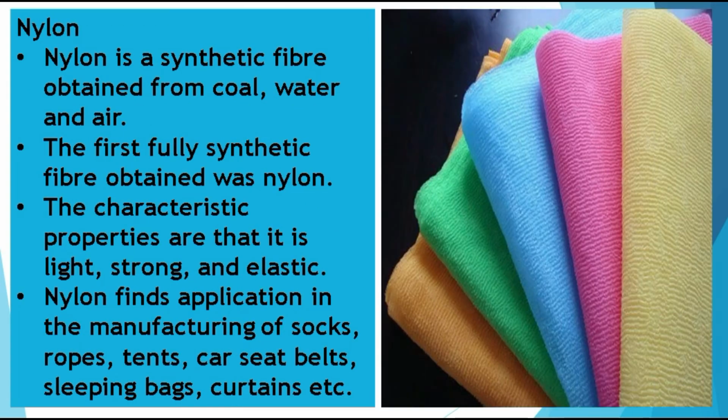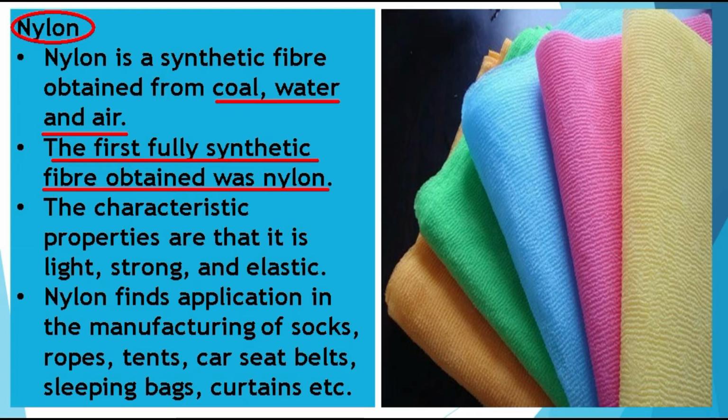Now the next fabric is nylon. Students, nylon is the first synthetic fiber to be prepared without using any natural raw material. And students, as I said, nylon is a man-made fiber or synthetic fiber, and it is basically obtained from coal, water and air.